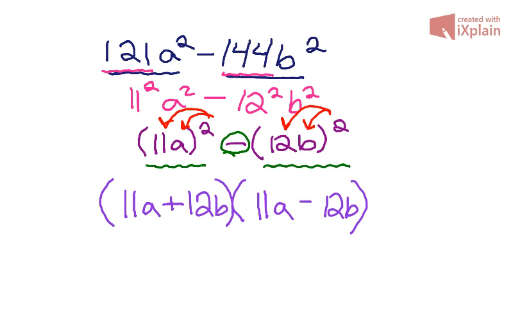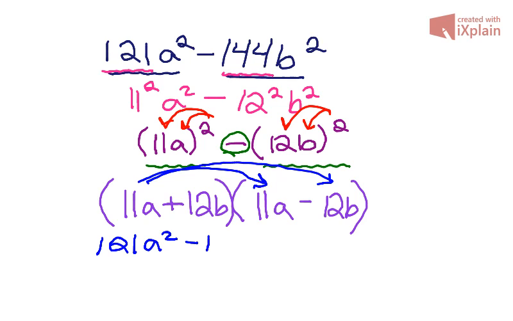And also, just to remind you, if you are not sure if you have factored this correctly, you can go ahead and FOIL this out. So we would do our firsts: 11a times 11a would give you 121a squared. And then our outers: 11a times negative 12b, you may want to refer to your calculator unless you are brilliant with multiplication, that's going to give you negative 132ab.